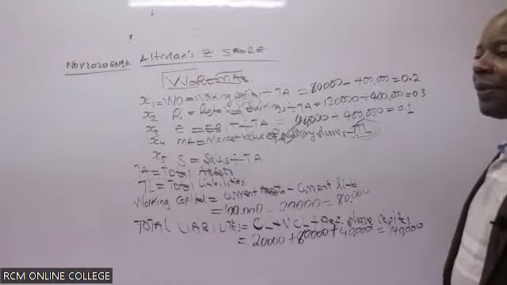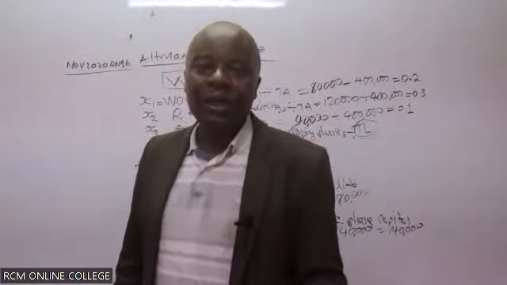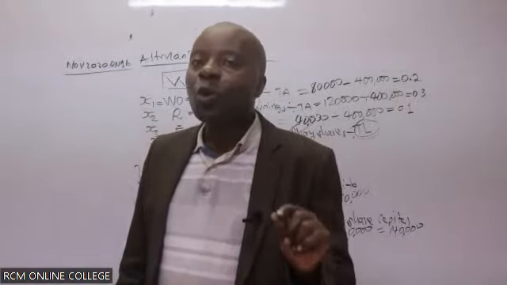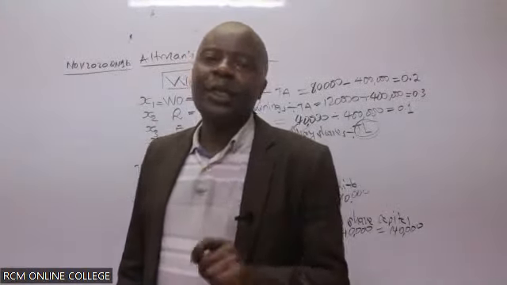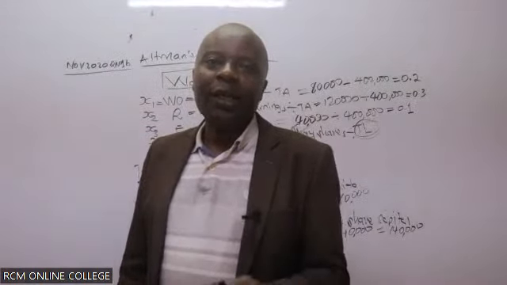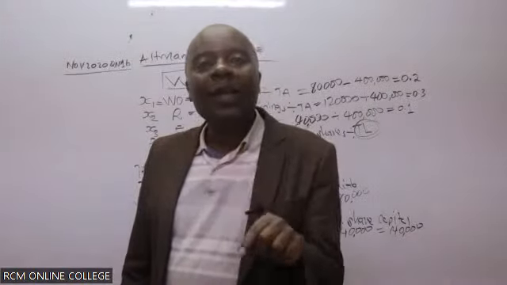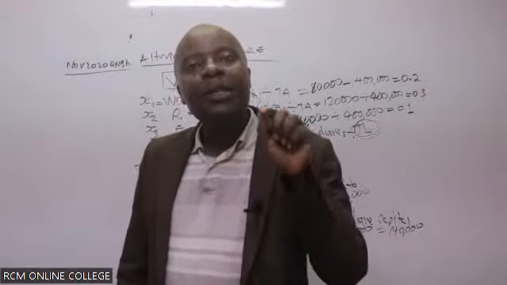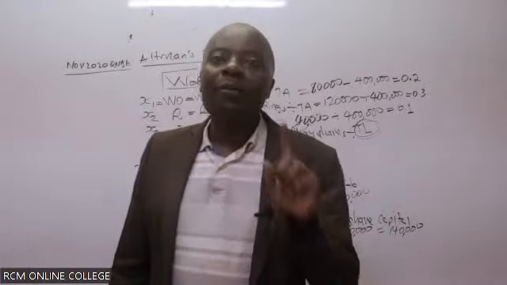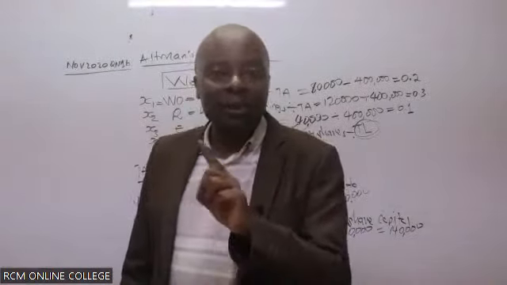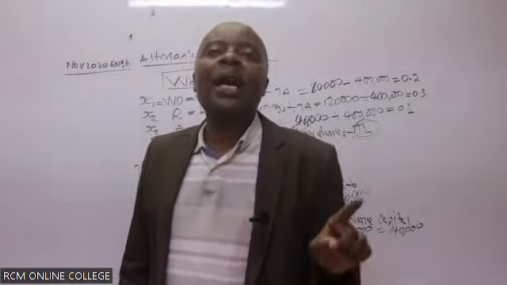Even if the examiner doesn't tell you, this examiner seemingly is a good examiner. He told you that in debt, we also include preference share capital. In most cases, no examiner can ever tell you that. It's upon you to know that preference share capital nowadays in finance is classified as a debt instrument. Even if you don't make profits, preference shareholders' dividends must be paid, and at the end of the day, they must have their money returned.